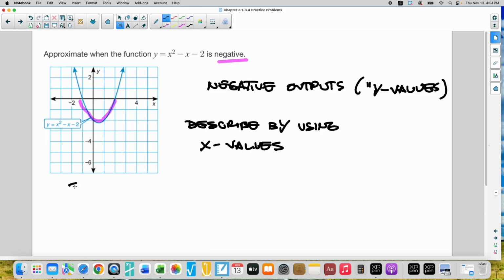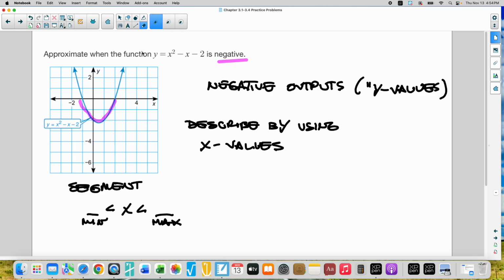A segment is always going to have some value less than x less than some other value. My min value and my max value. So my minimum value is -1. So we'd say -1 less than x less than my max value, which is 2. Notice on the x-axis, because I'm talking about the x variable.